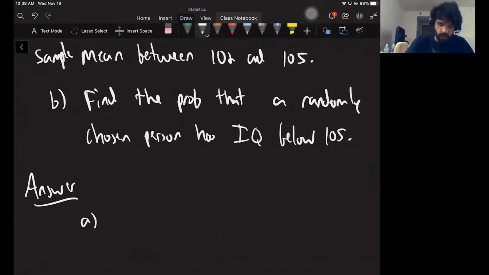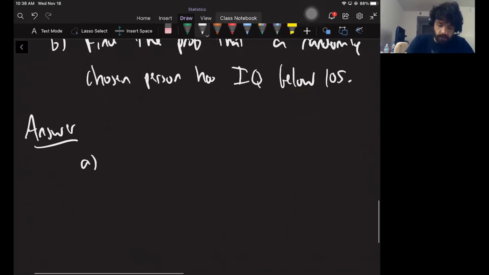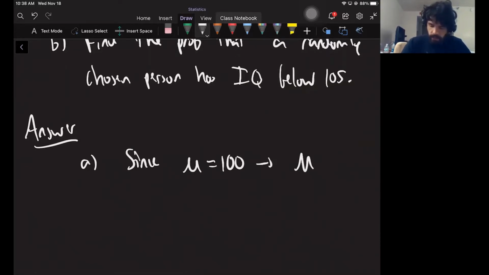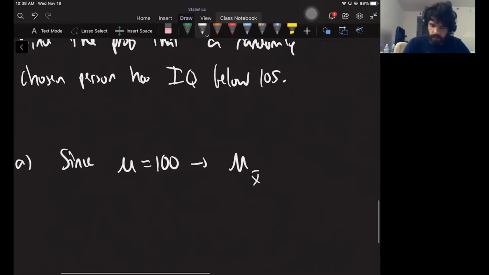so start with A. So the idea is, since the population mean is 100, that tells us that the mean of the sampling distribution of the sample mean is also 100, because those are the same.